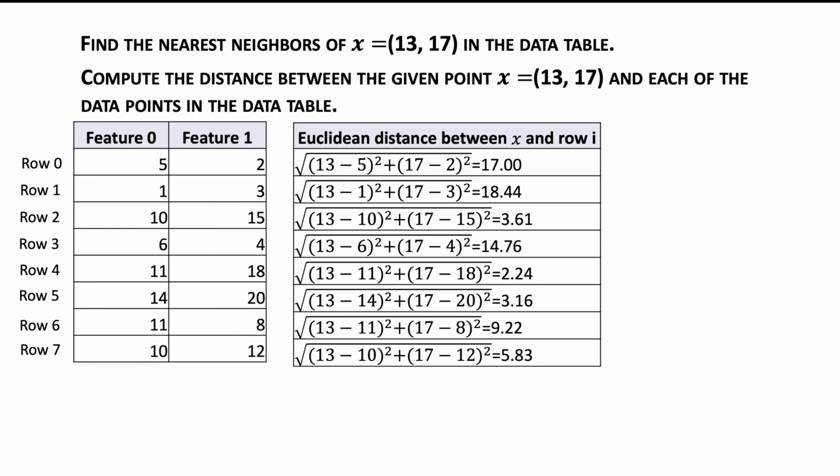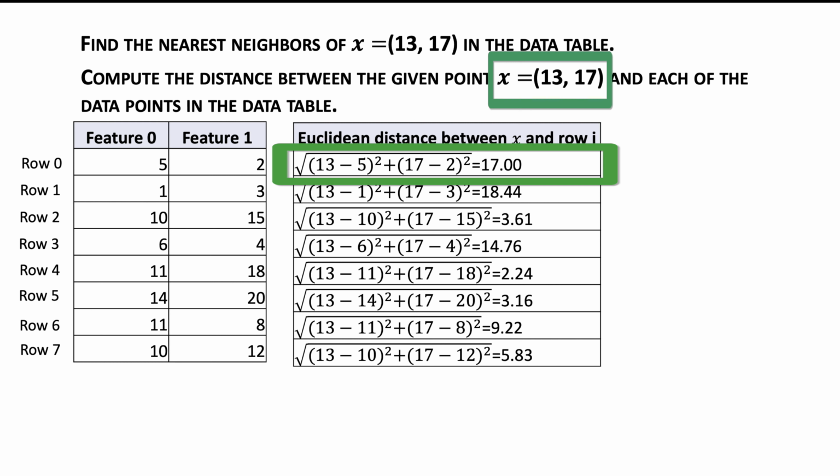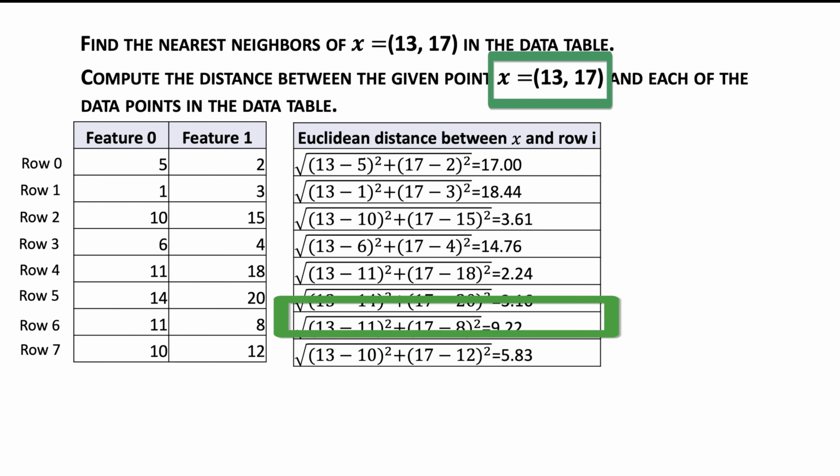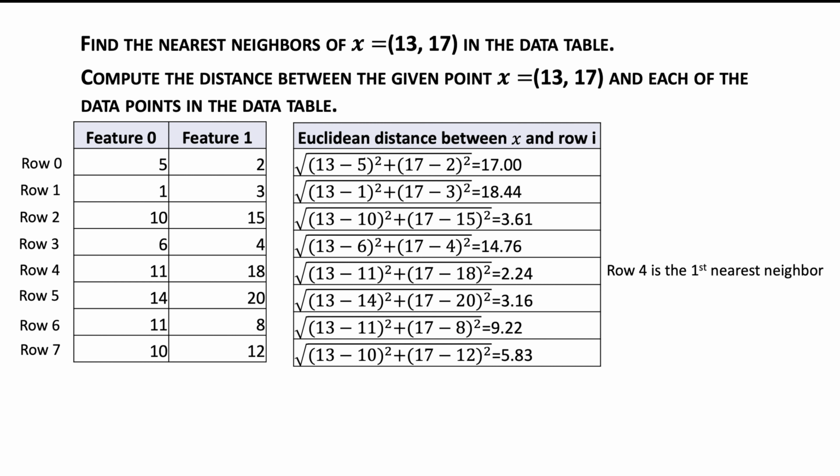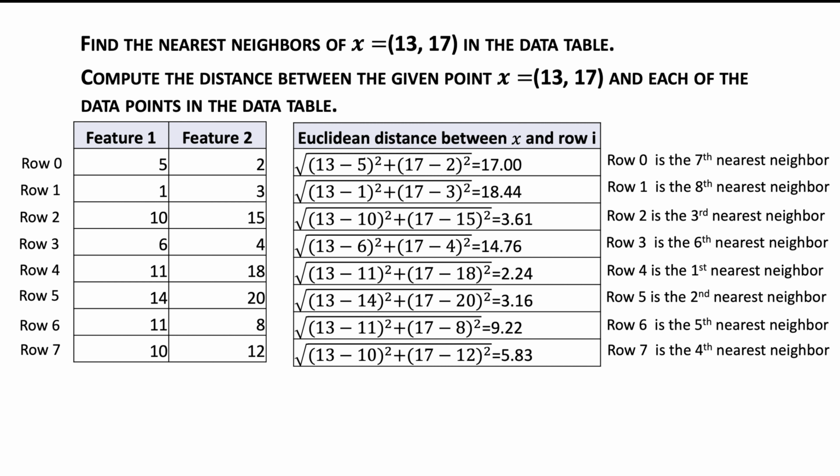Calculations for Euclidean distance of 13, 17 with all the rows are shown here. Notice that row 4 is the first nearest neighbor because it has the smallest distance. Row 5 is the second nearest neighbor because row 5 has the second smallest distance with the point 13, 17. So and so forth. A KNN algorithm with k equals 4 will return an array with row indices of 4 nearest data points.